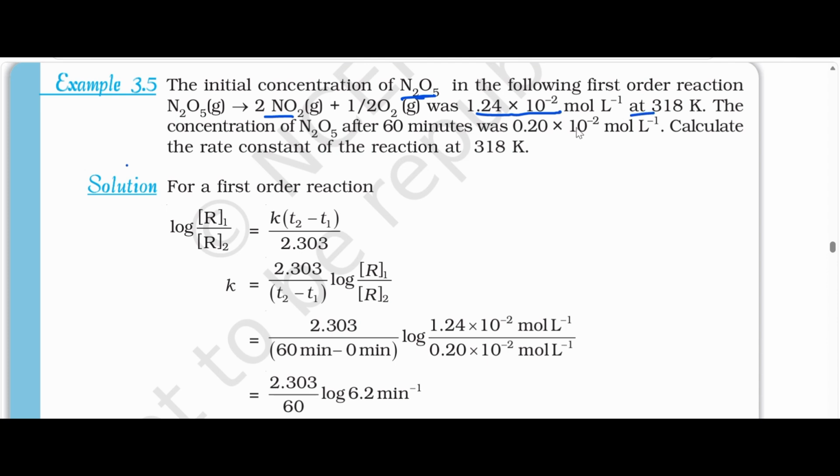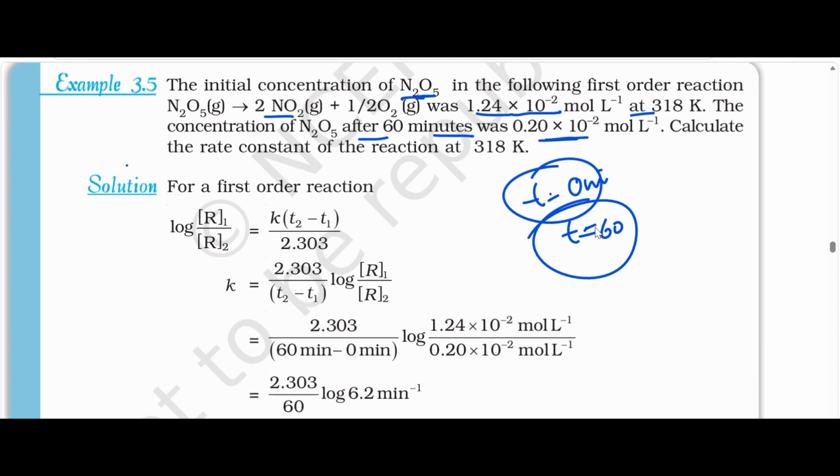Now at 318 kelvins, the concentration of N2O5 after 60 minutes they have given as 0.202 into 10 power minus 2. That means at two different intervals of time: one is the initial time, that means time equal to 0, then another one is after 60 minutes, that means time equal to 60 minutes. They have noticed some change in the concentration, and based on that we have to calculate the rate constant. Clear? So we know that formula, right?